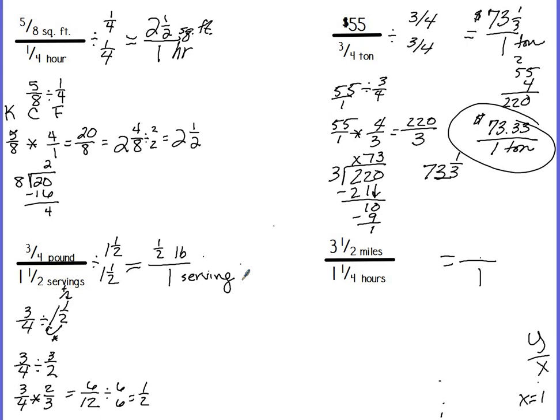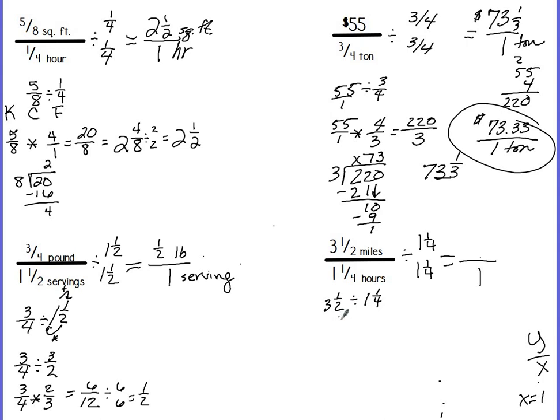Alright, last but not least, I have 3.5 miles in 1 1/4 hours. So I'm going to divide both by 1 1/4. And I know that this automatically gets me to 1, so I don't have to show the extra work for that. But here, I do want to set up that problem. Show me that you're doing 3 1/2 divided by 1 1/4.